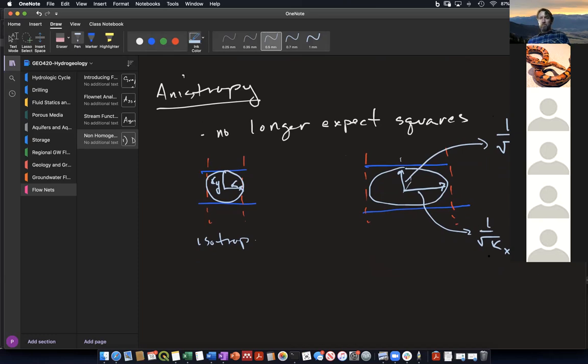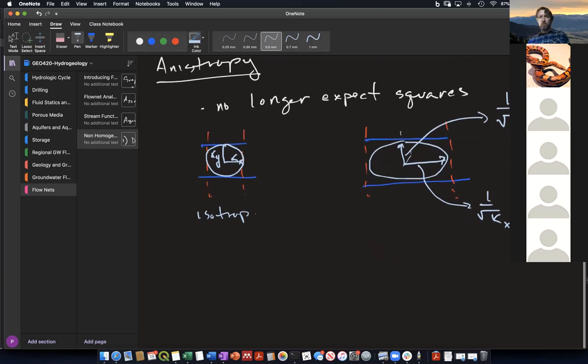This is what I have written down in my notes, but I'm not positive this is correct. So let's revisit that maybe a little later, but it's details. The main thing is that we no longer expect squares, and that we expect these ovals dependent upon the directional dependence of our hydraulic conductivity. Okay.